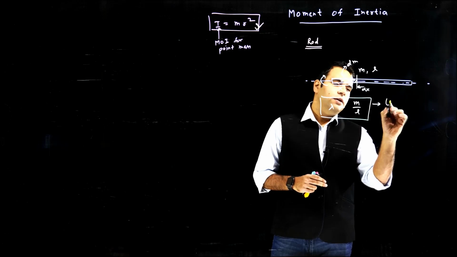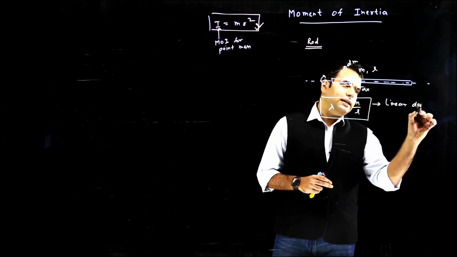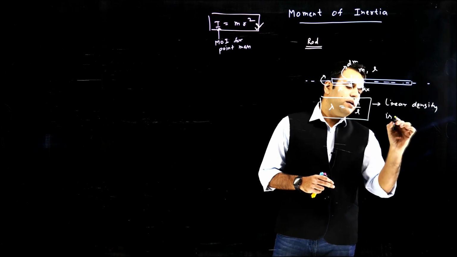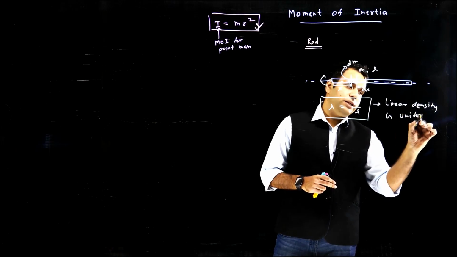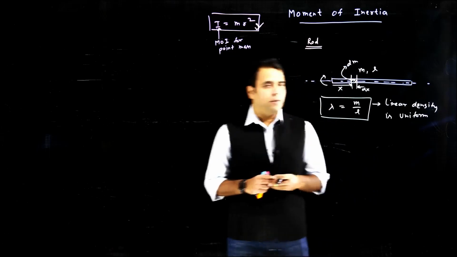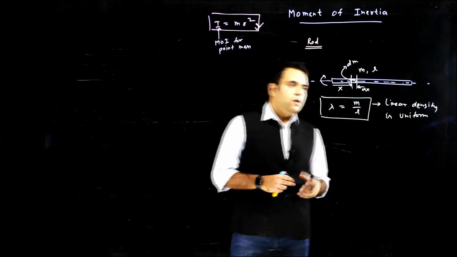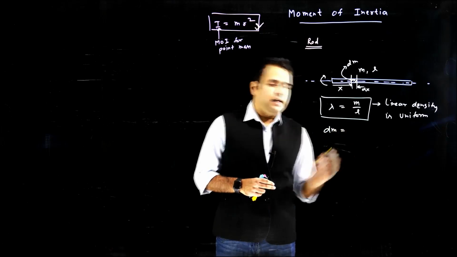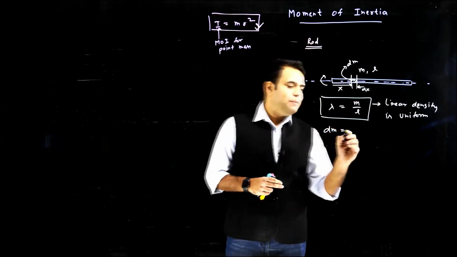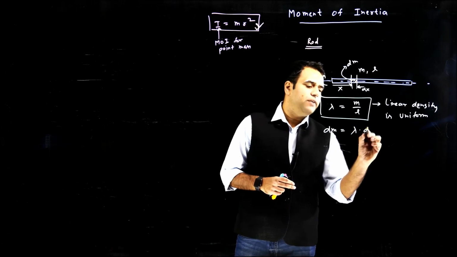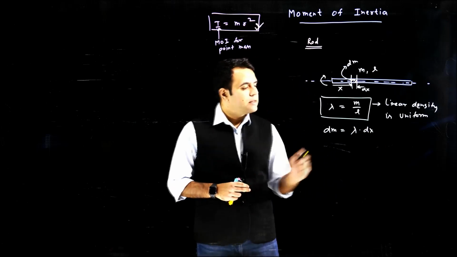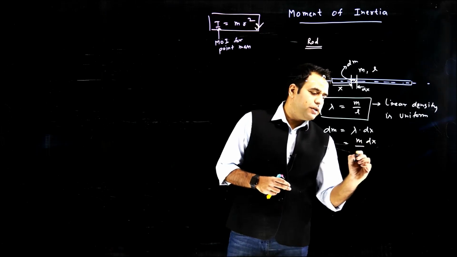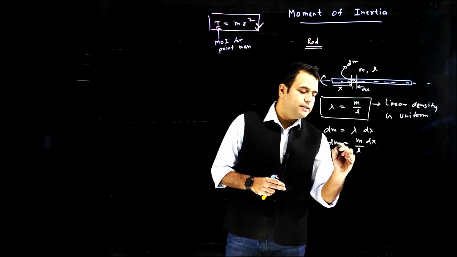I have assumed linear density is uniform while using this formula, otherwise I will not be able to use it. After calculating the linear density, I can calculate the mass of the element. The mass of the element will be equal to linear density multiplied by the length of the element, which will be equal to m dx upon L. Okay, this is the mass.